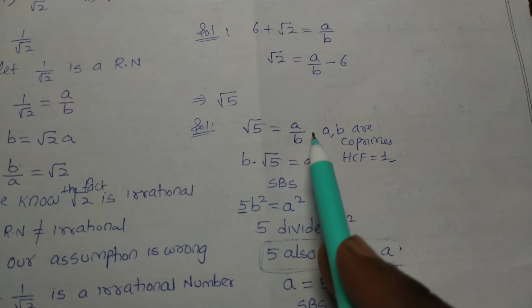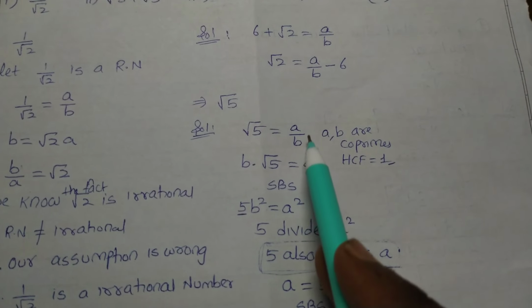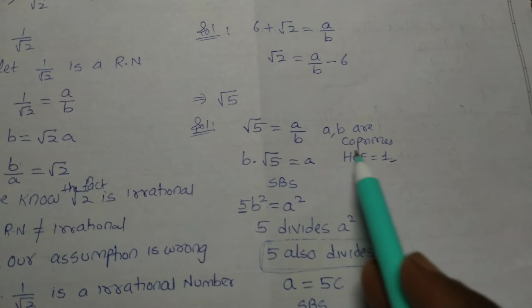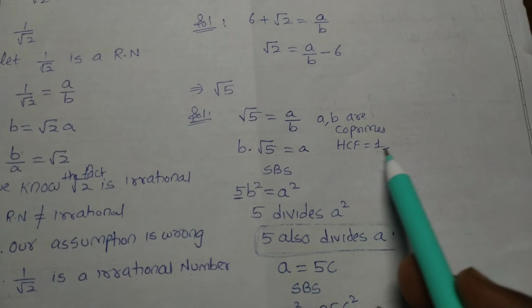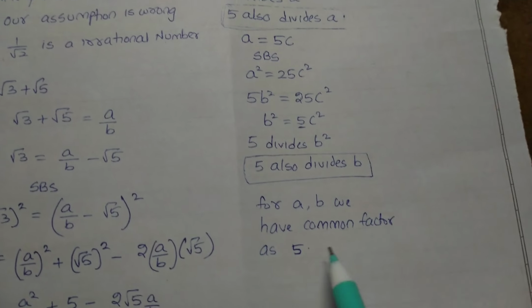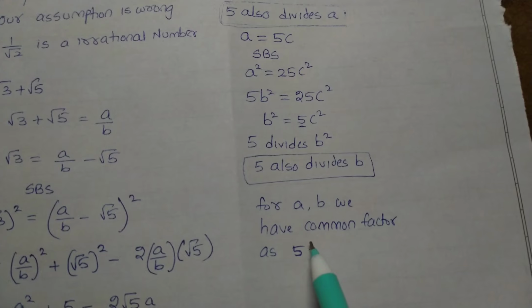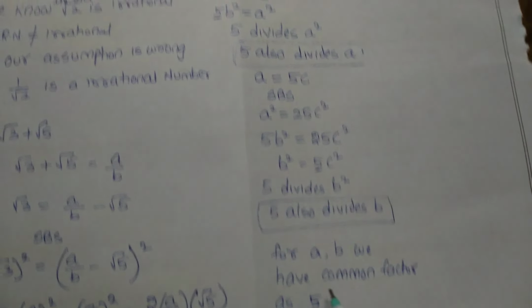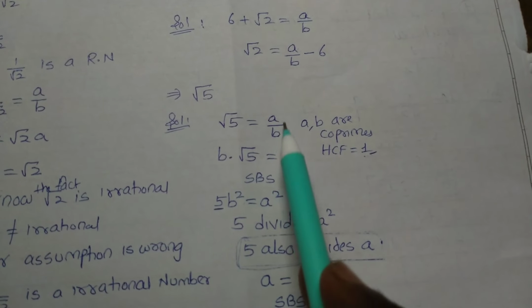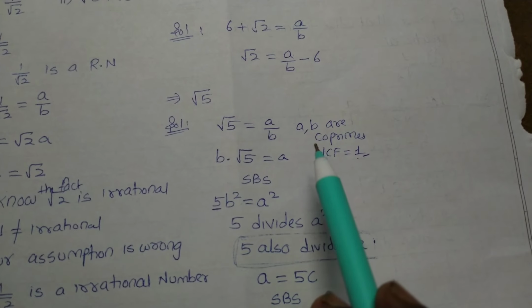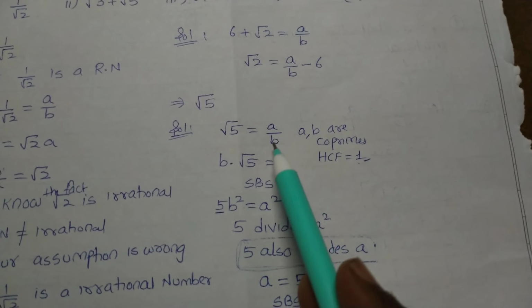We assumed a by b are co-primes, but co-primes means the only common factor should be 1, but we got 5 also as a common factor. If we are getting a common factor, then is this a by b co-primes? No, right? So a by b are not co-primes.